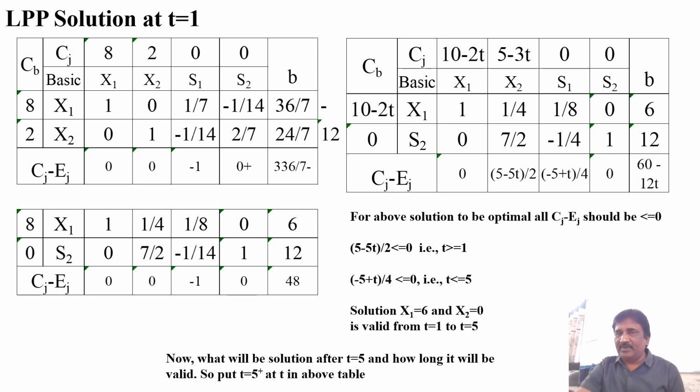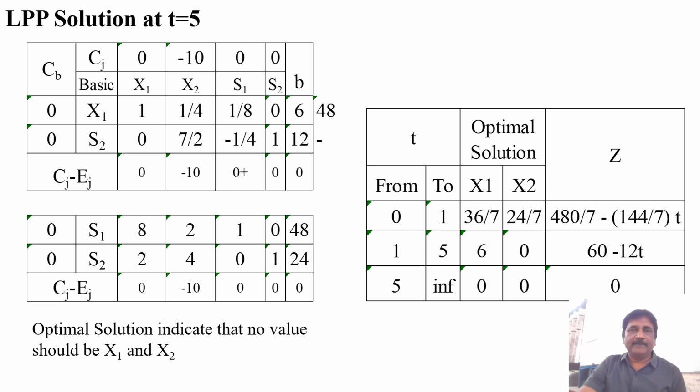So this 10 minus 2t, with t as 5, will become 0. 5 minus 3 into 5, that is 5 minus 15, will become minus 10. Rest of the things are as you are seeing. So just look here, this is 0, this is minus 10, and here it is 0 because the coefficient of x1 is 0, and s2 was already 0.